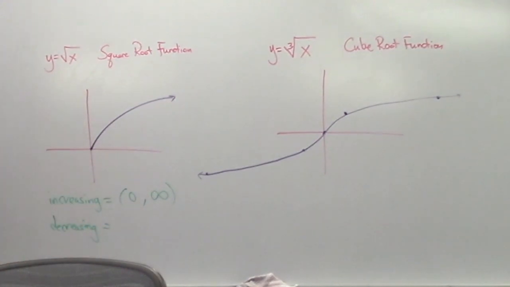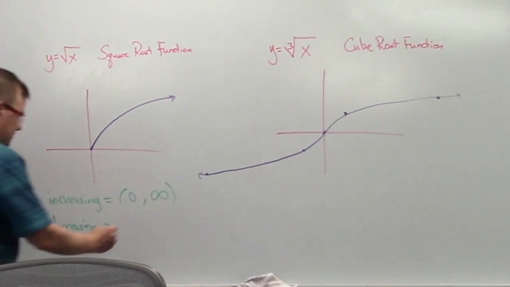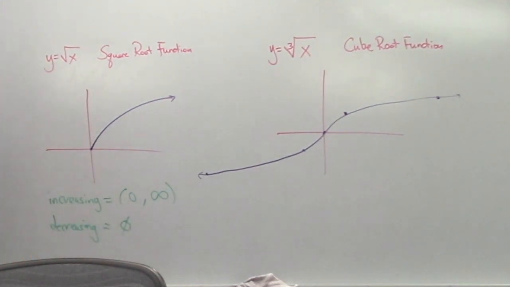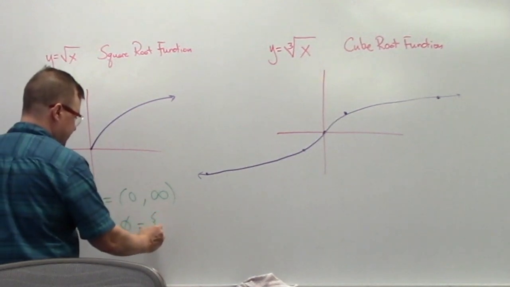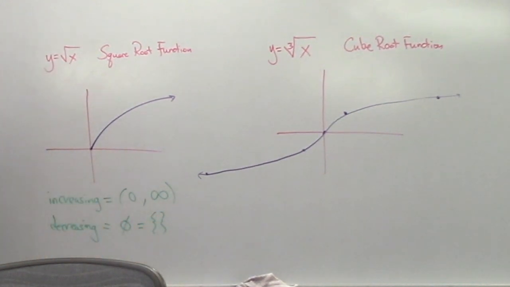If I ask where is the function decreasing, the answer is easier to say with a word: nowhere, never. Or in set notation, you just say empty set. That's the set with nothing in it.